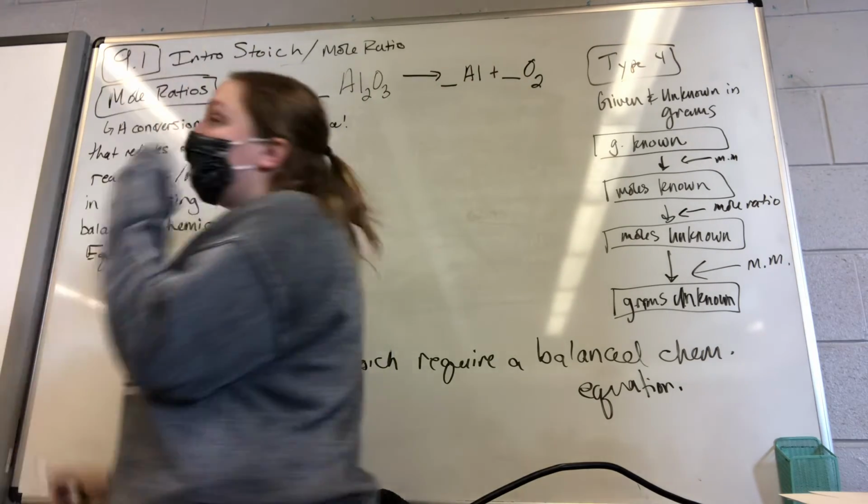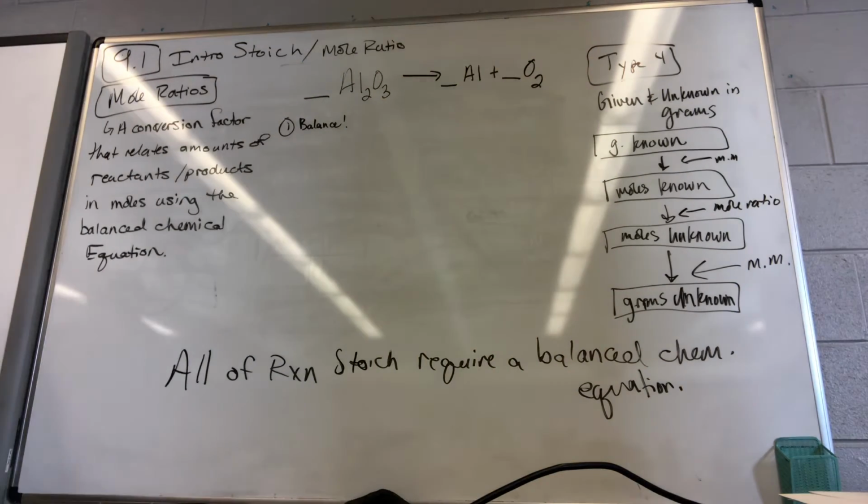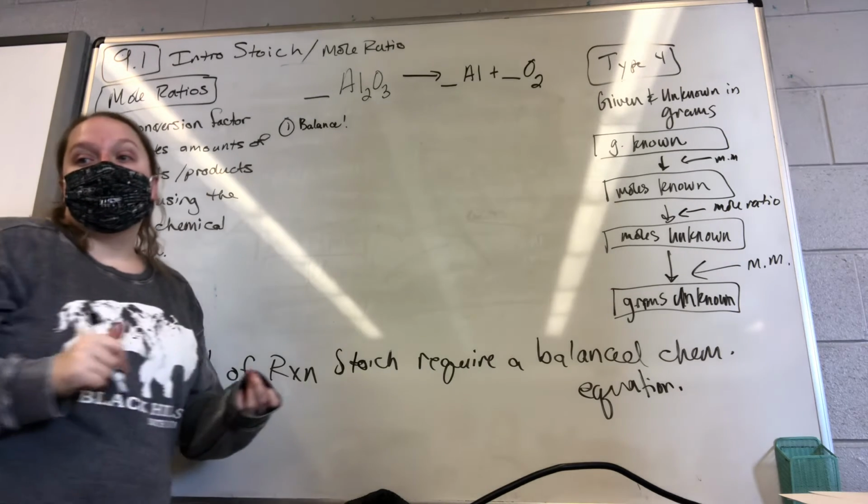Remember that your first step for all problems moving forward is to balance or check that the equation is already balanced. Do not take for granted numbers that may already be present in front of your compounds. It may only be half balanced, it may be balanced incorrectly. So you should always be checking for a balanced equation before we start.